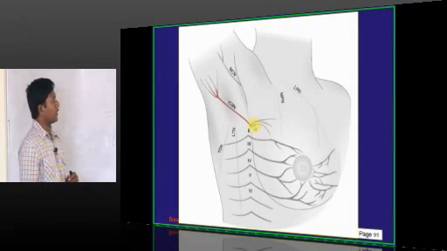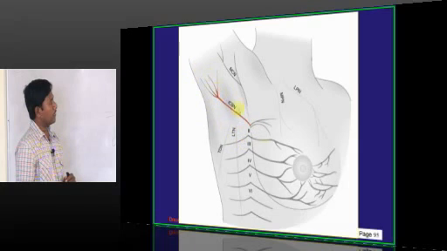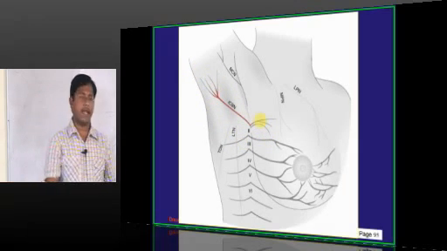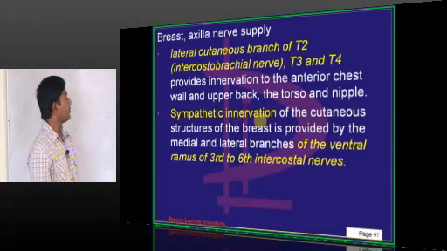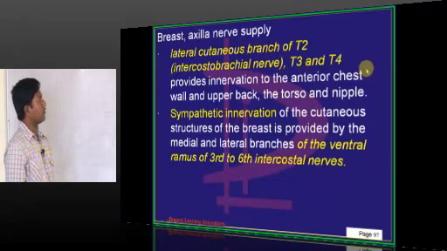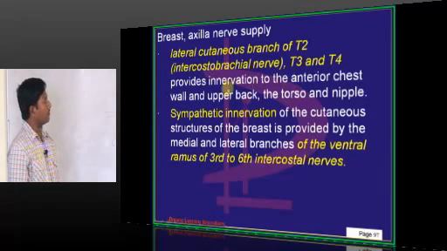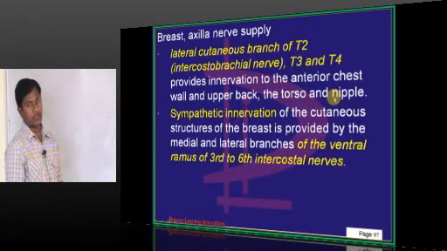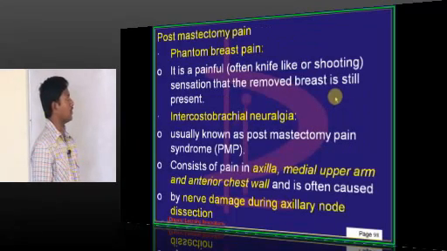The intercostobrachial nerve supplies here, the chest wall and the medial aspect of the arm. The lateral cutaneous branch of T2, the intercostobrachial nerve, mainly innervates the anterior chest wall, the upper back, the torso and the nipple. These are the areas where you get paresthesias.